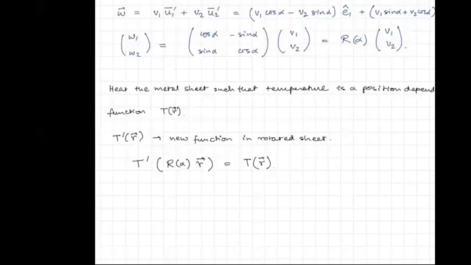You have T primed of r alpha acting on r is equal to T of r. So this is equivalently T primed of r primed is T of r alpha inverse of r primed. So that is what this is.